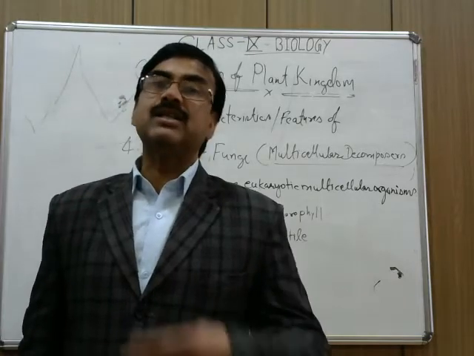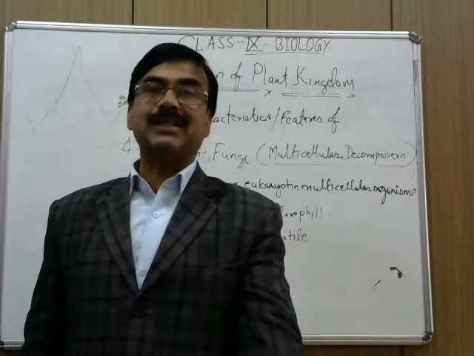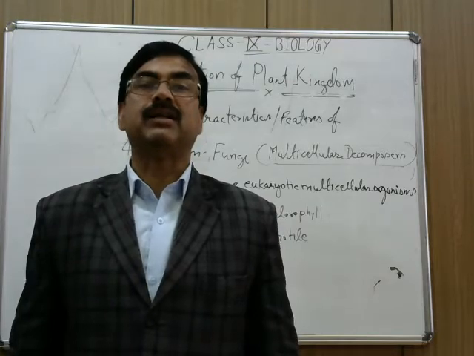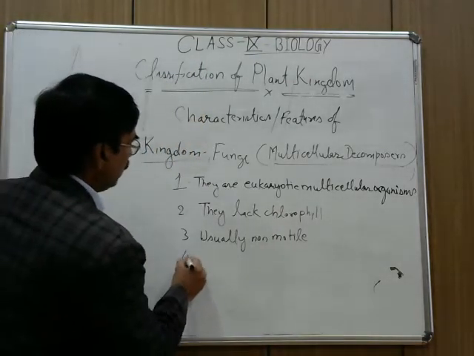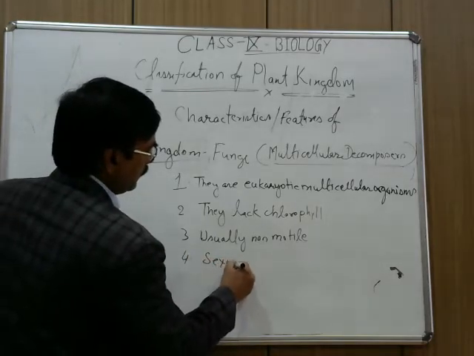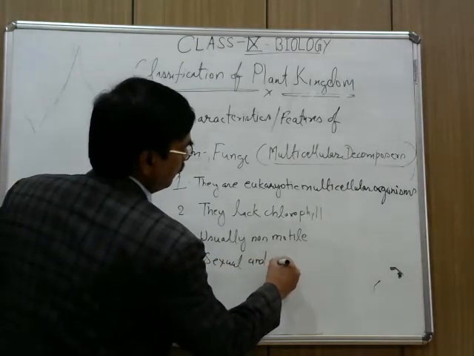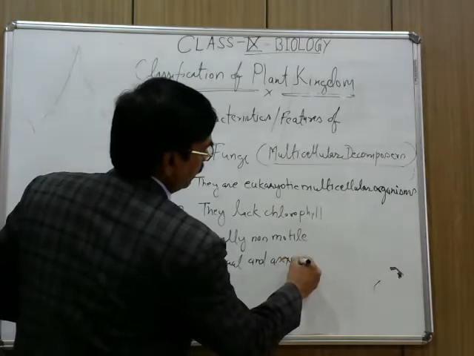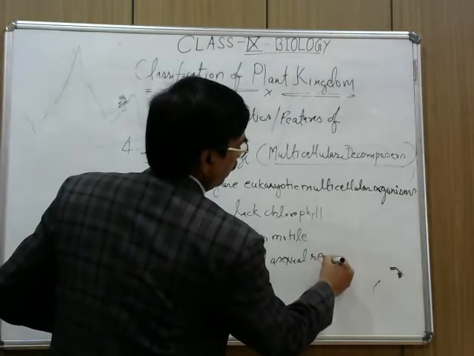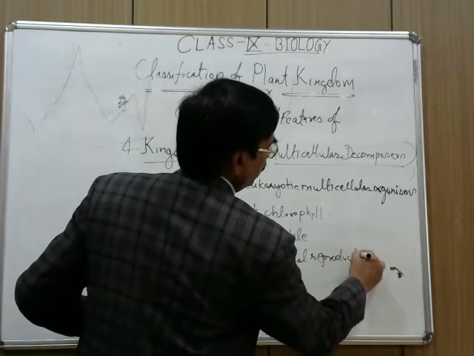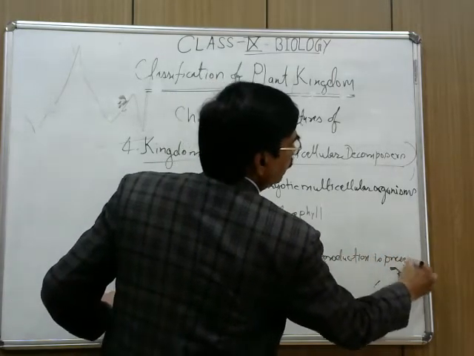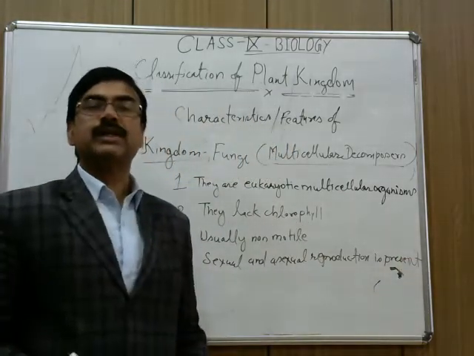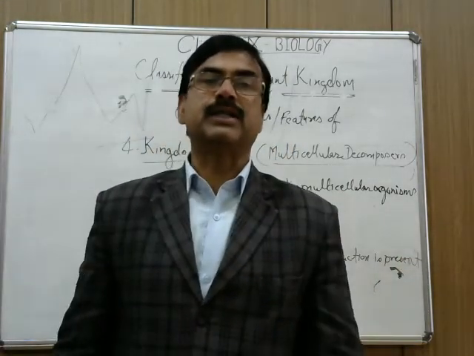Sexual and asexual reproduction is a little bit advanced characteristic. Sexual and asexual reproduction is present. Number 4, these members show sexual reproduction and asexual reproduction.